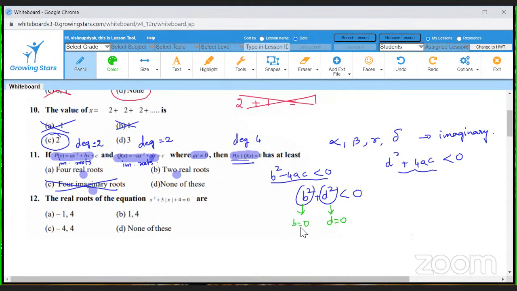Then 0 plus 0 you will have. Okay. So B and D should be 0. Then what you will have? 0 less than 0. So that is also not possible.